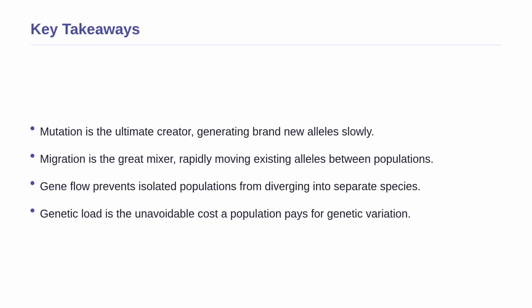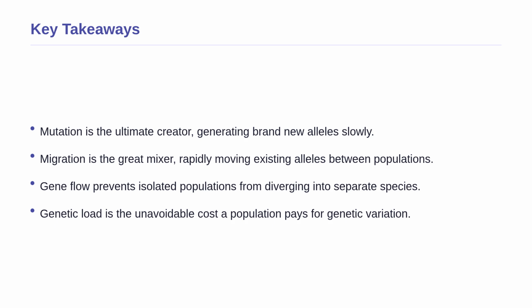We have covered a lot of ground today, so let us review our key takeaways. First, mutation is the ultimate creator. It generates brand new alleles through random errors in DNA replication, providing the raw material for evolution. Second, migration is the great mixer.